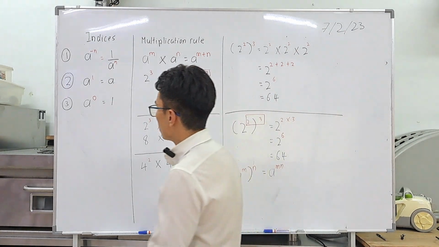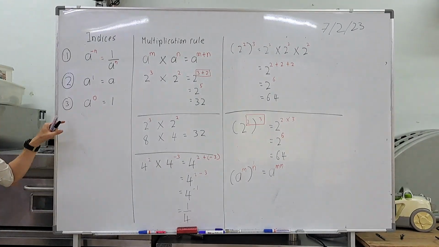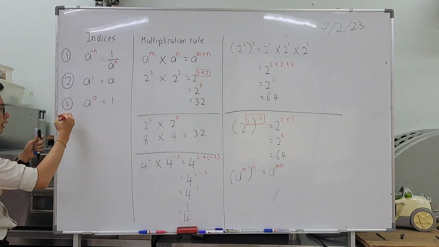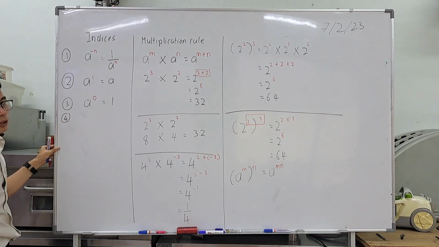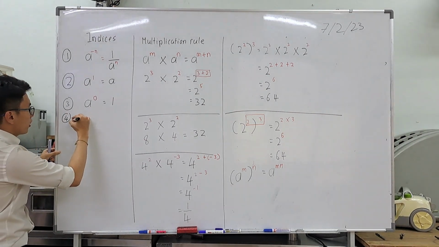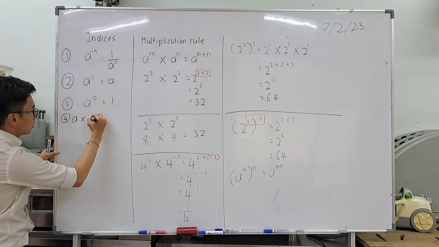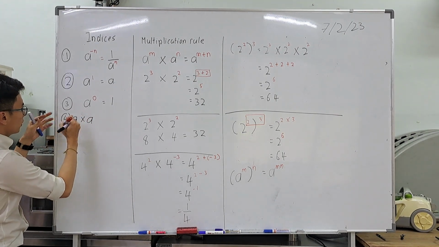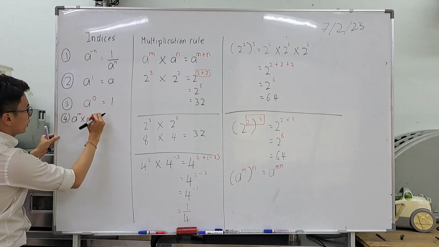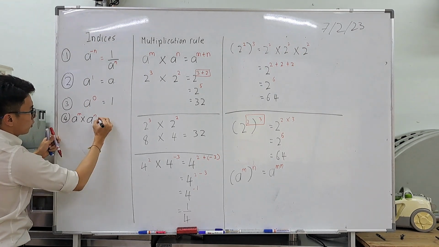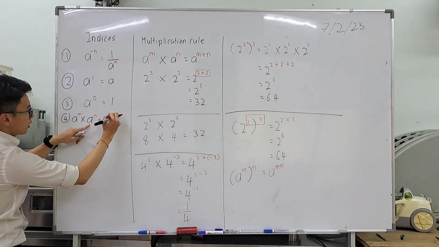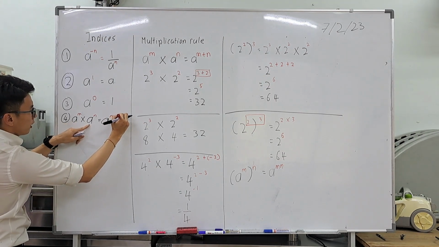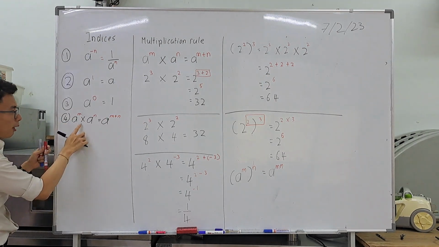As a summary, I can write down the 2 new rules that I have established here. Rule number 4 is the multiplication rule. It's going to be the same as the one on top: if you have the same base, you can add up the power when you are multiplying.